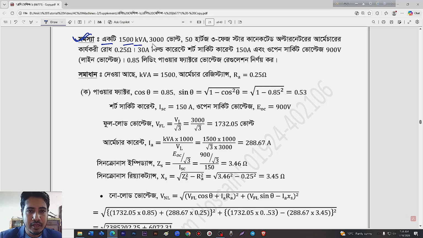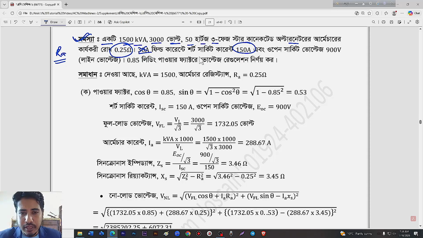A 1500 kVA, 3000 volt, 50 hertz, 3 phase star connected alternator has an effective armature resistance of 0.25, and the armature resistance will be the same. The 30 ampere field current should not be used here.